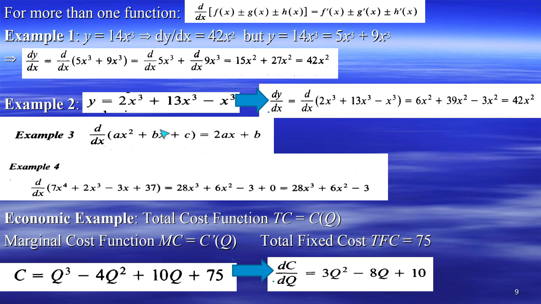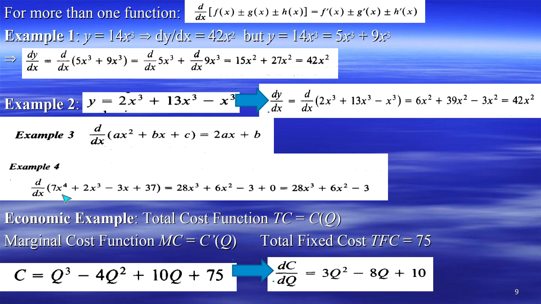So 2ax, plus b times x to the power 1, when we put 1 in front, is 1 times b times x to the power 0. x to the power 0 is 1, so this is b. And c is constant, its derivative is 0, so we obtain 2ax plus b. This is the derivative of this expression, you see.